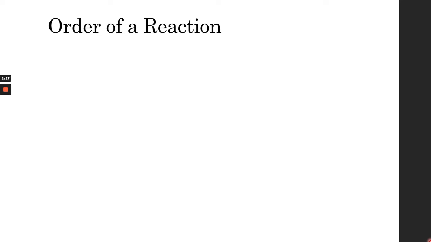Let's begin by understanding the order of reaction. If you remember from our previous discussion, we have learned of the equation, the rate law. Rate law is a mathematical expression that relates the rate and the concentration of a reaction.